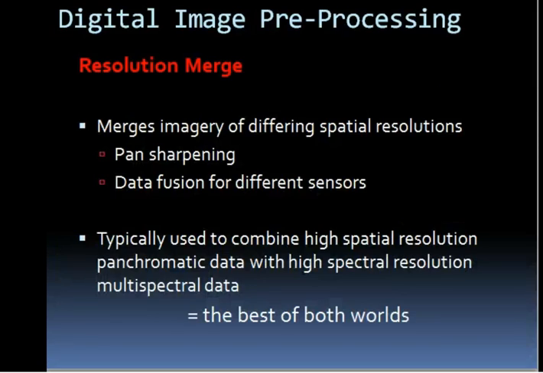Another common type of spatial enhancement is not just working with the pixel data that you have, but actually merging two different images of different spatial resolutions. And this is most common when you have an instrument that includes a panchromatic band, one extra band tacked on there that covers the entire visible spectrum.